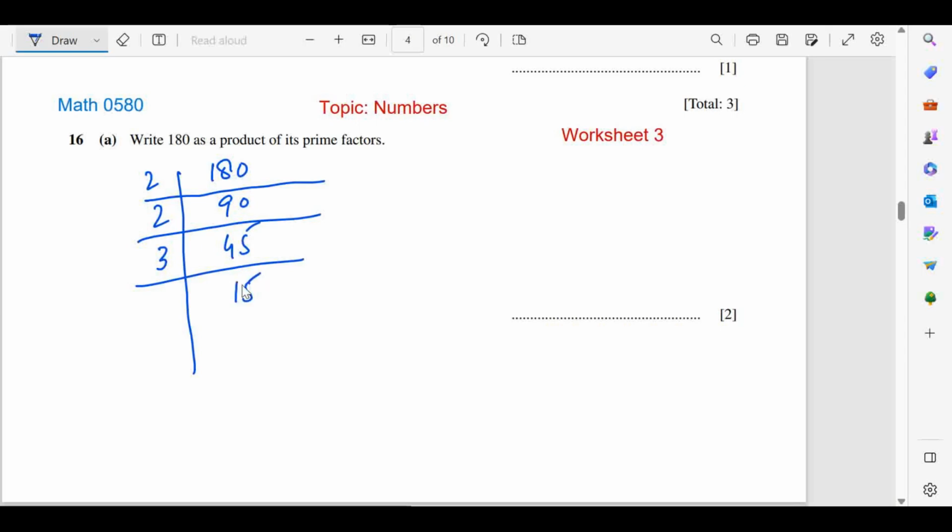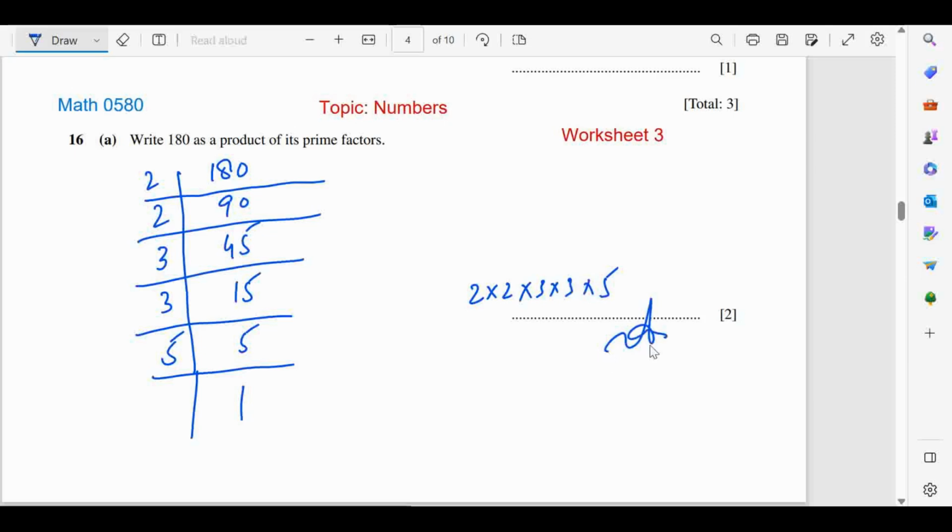So 3 15s are 45, and then we have 3 again, so 3 5s are 15. Then we can take the 5. Now we have to write it as a product of its prime factors: 2 multiplied by 2 multiplied by 3 multiplied by 3 multiplied by 5. This will be the final answer.